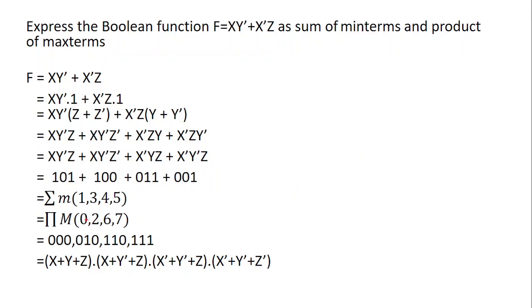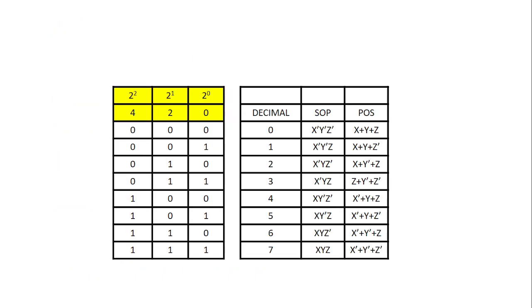What is the binary equivalent of 0? 0, 0, 0. What is the binary equivalent of 2? 0, 1, 0. What is the binary equivalent of 6? 1, 1, 0. What about 7? 1, 1, 1. If you really didn't get it, how did I get this one? 7 is all ones. 6 is 1, 1, 0.